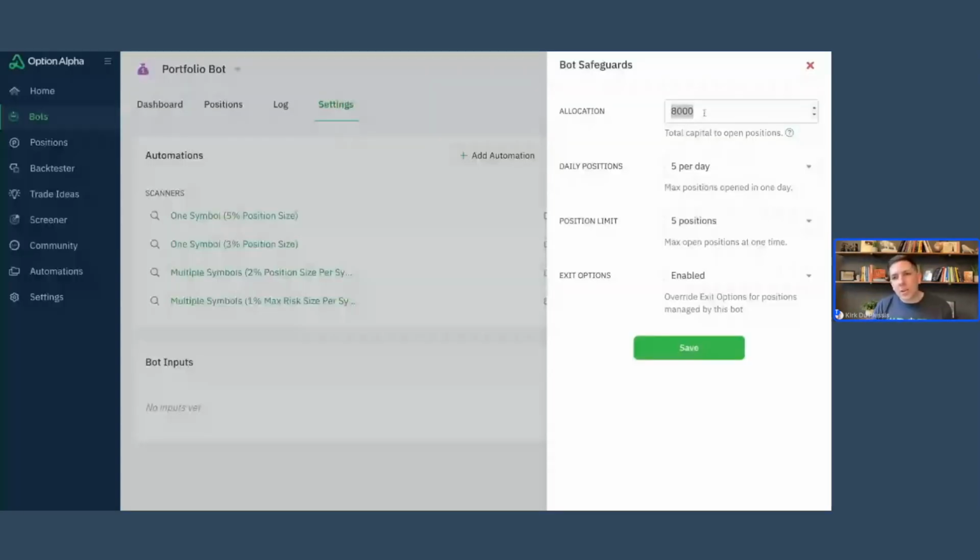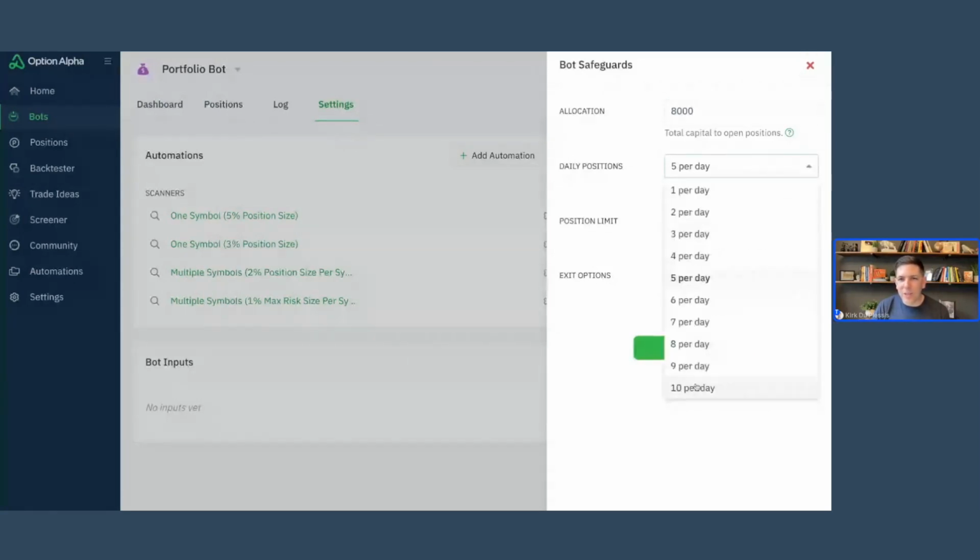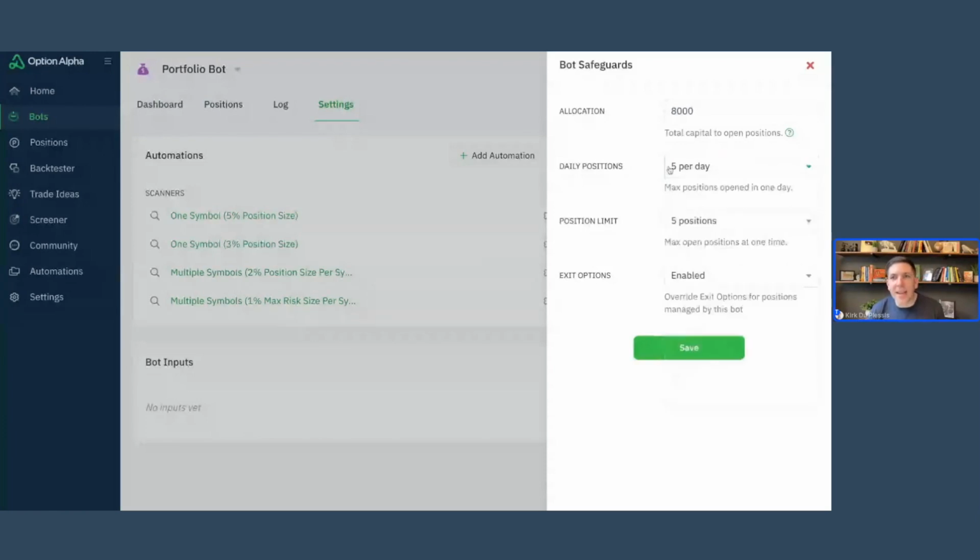What else do I need to do here? Do I need to change my daily position limits or my total position limits? You need to allow the bot to get into, and it can actually be 5 per day, because you don't need it to get into all 10, and it can't get into all 10 positions per day. So you can just leave it at 5 positions per day opened. If it finds a new position in all the ticker symbols for that day, great, get into that.